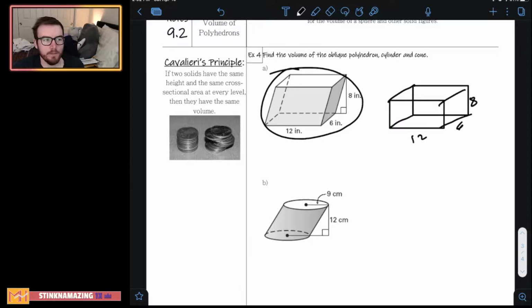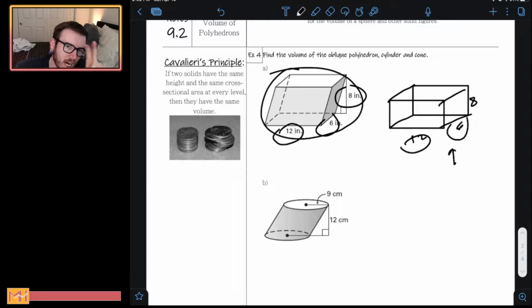Just because we sort of shoved it over doesn't change the story. This box, which stands straight up, will have the exact same volume as this box with the exact same dimensions. Just because it's tilted doesn't change the story.